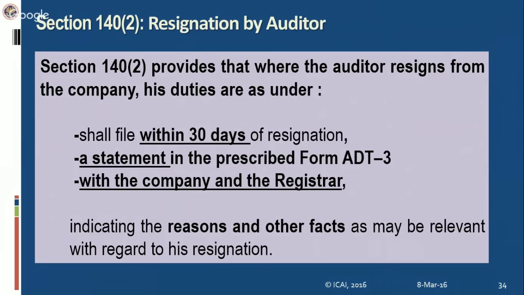He shall file within 30 days of resignation a statement in the prescribed form, and form is ADT3, and his responsibility is to file this form ADT3 with the company and the registrar, and therein he will indicate the reasons and other facts as may be relevant with regard to his resignation.